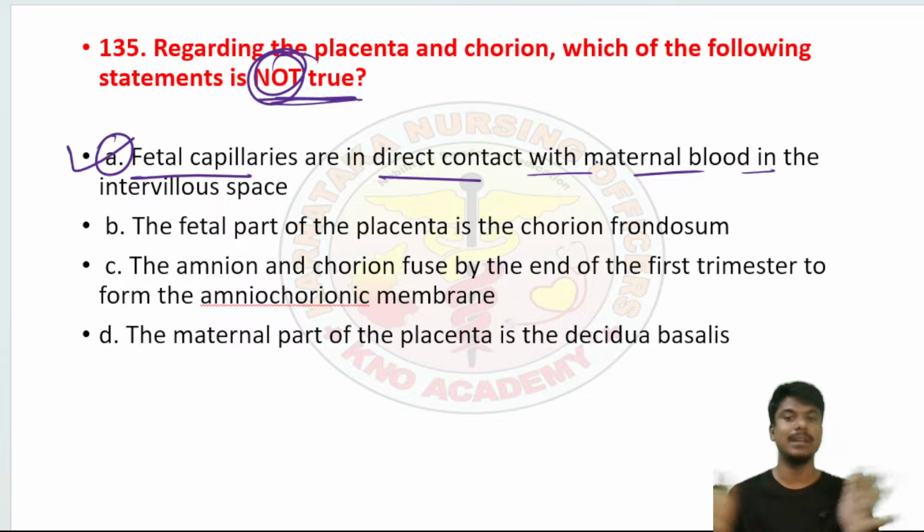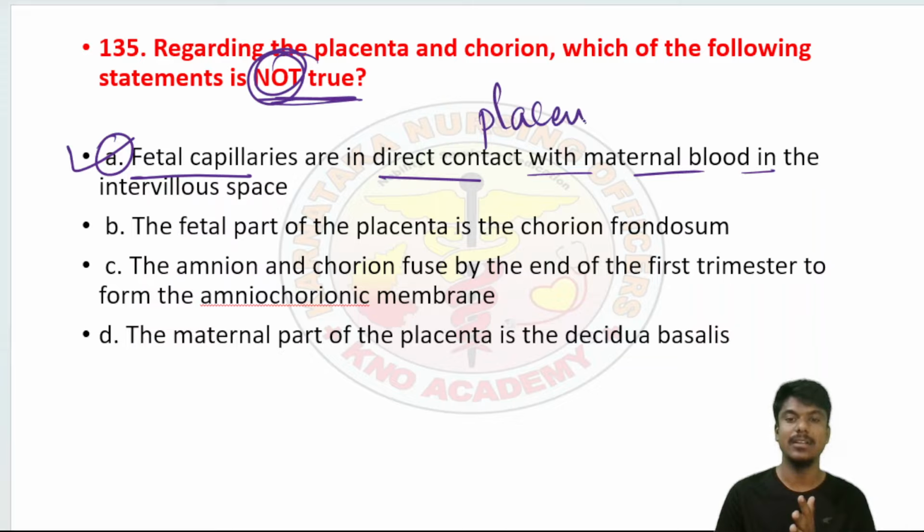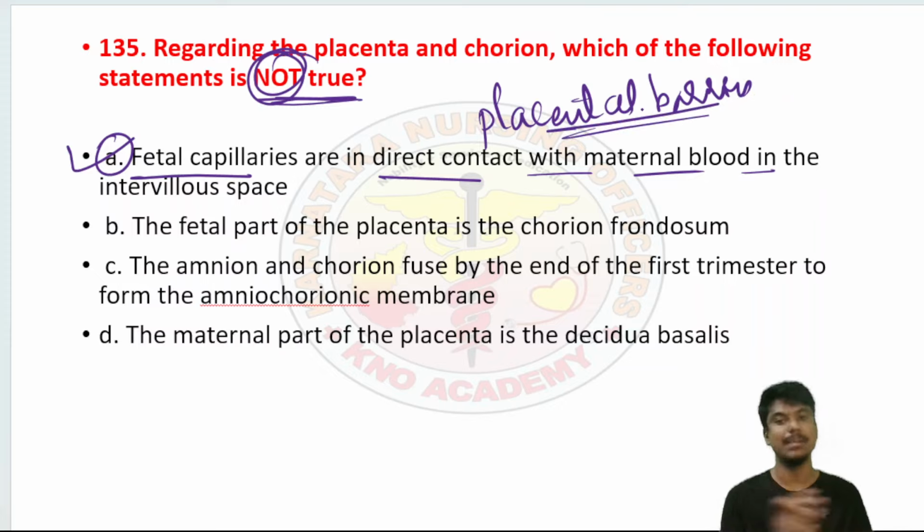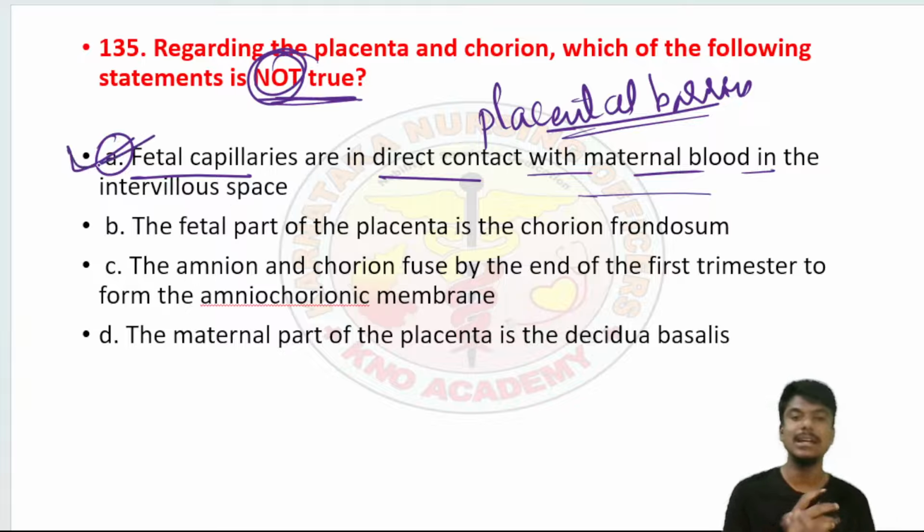Fetal capillaries and maternal blood will never contact each other, because there is a placental barrier, which prevents fetal and maternal blood mixing. So this is not true regarding the placenta and chorion.